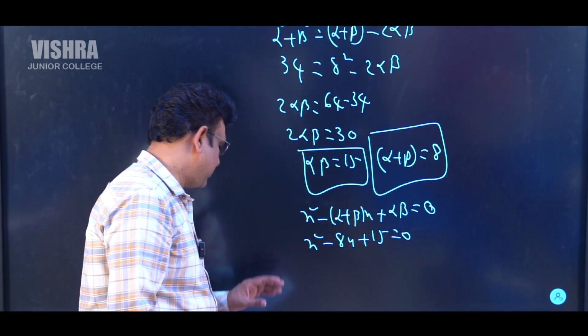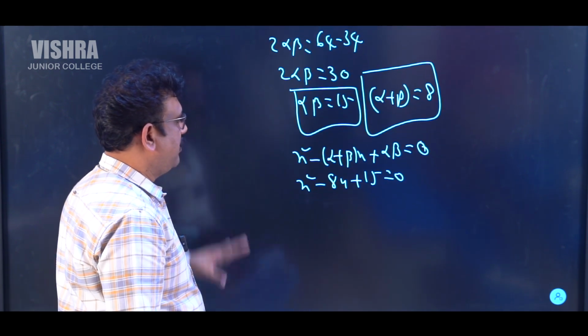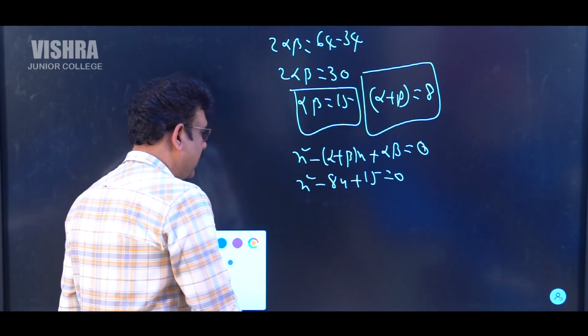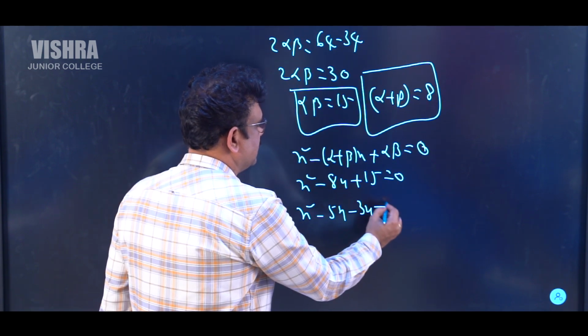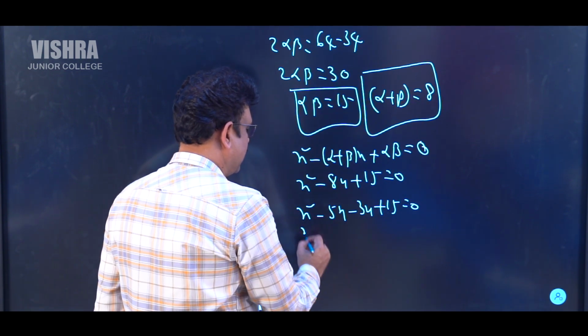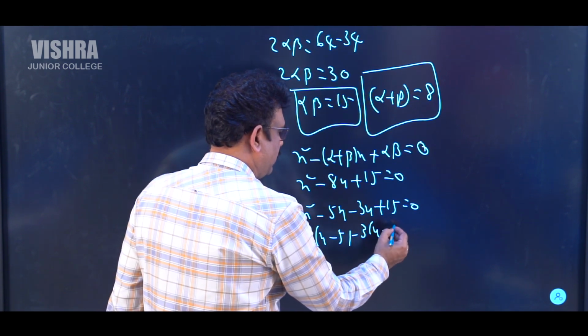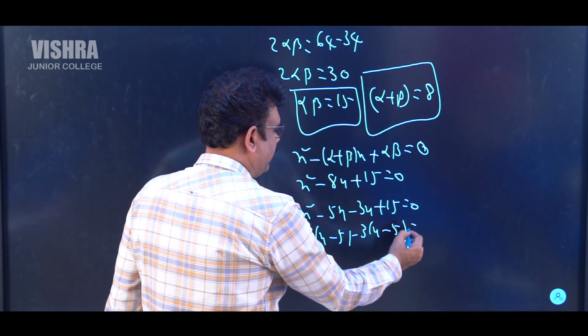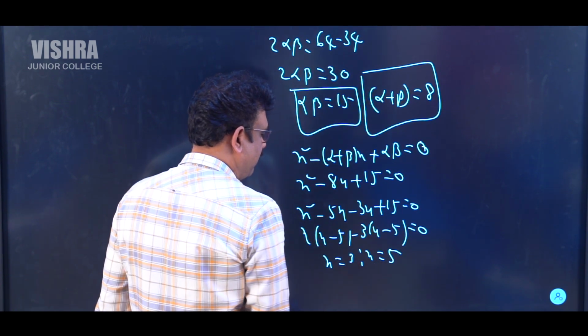Now we need to find factors. So they are 5, 3. x square minus 5x minus 3x plus 15 equal to 0. x into (x minus 3), minus 5 into (x minus 3) equal to 0. x equal to 3, x equal to 5.